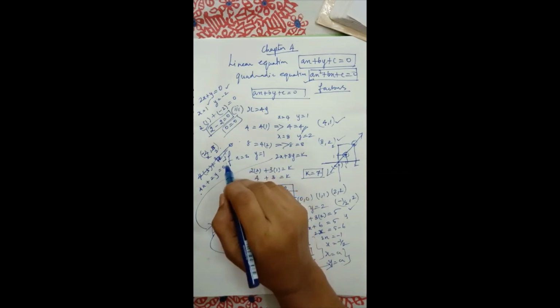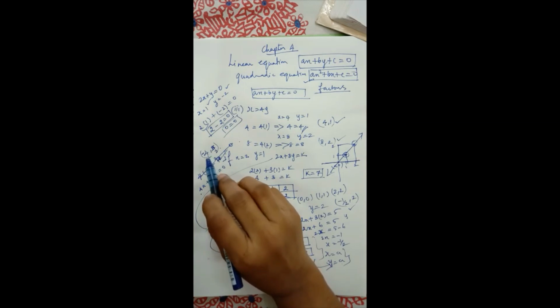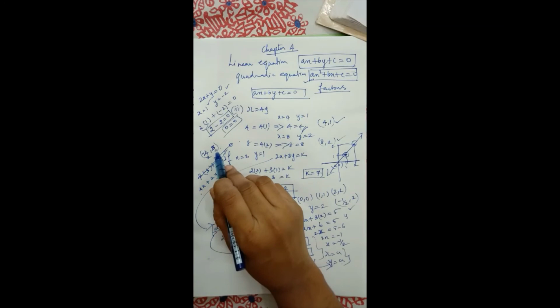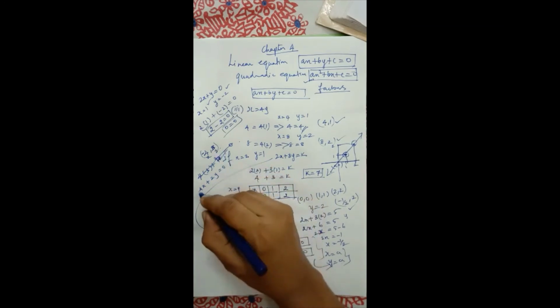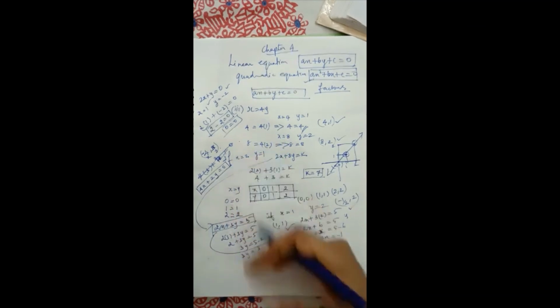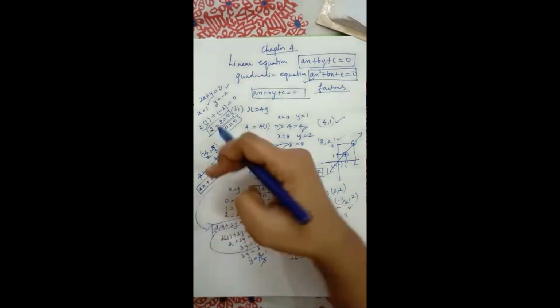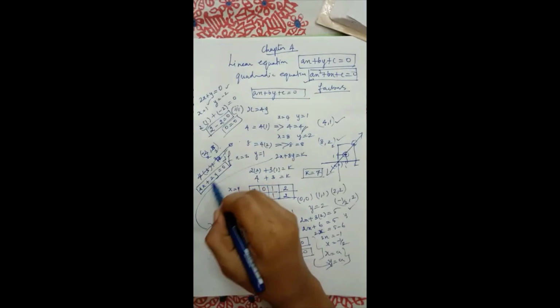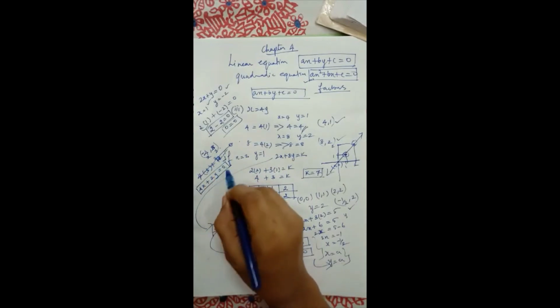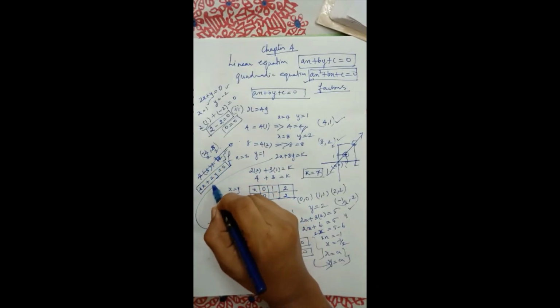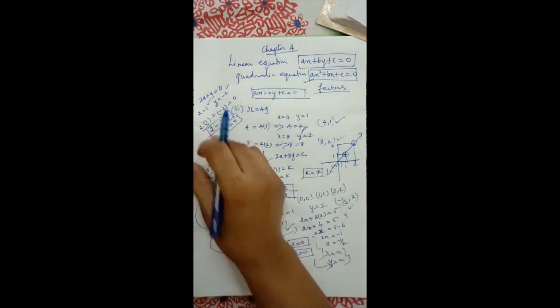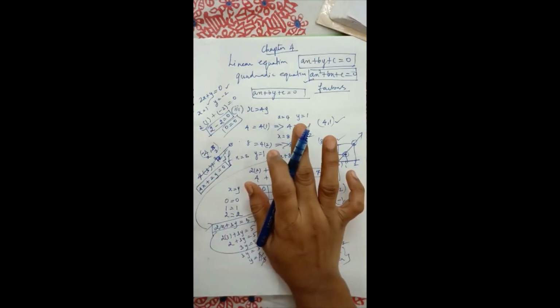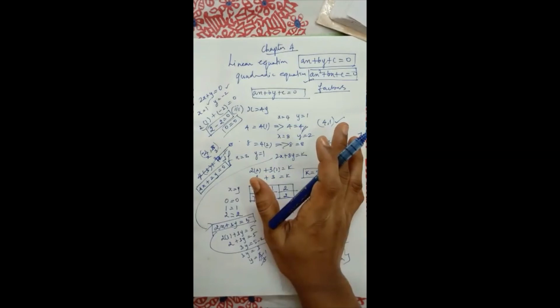Listen students, here the point is x minus 4, y 8. Once again I repeat the question: give an equation of a line passing through this point, minus 4 comma 8. So some options are there. You have to take all equations and just put the values of x and y. If both sides are equal, that means the right hand side is equal to the left hand side, then that is one of the solutions. Okay students, so here there are 4 options.